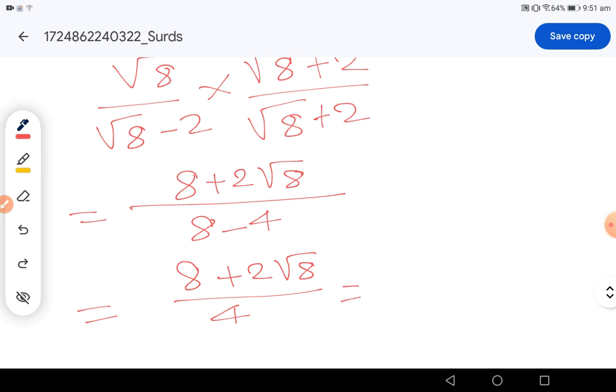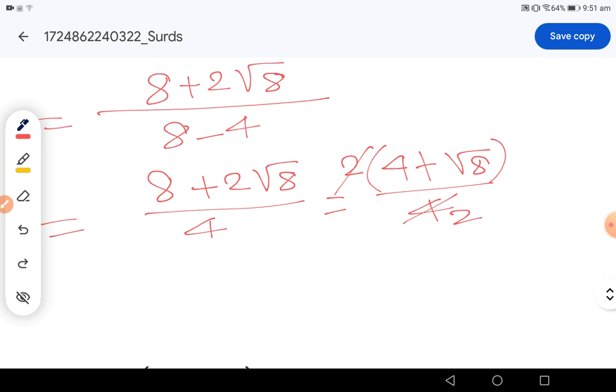So 2 is common: 4 plus root 8 by 4, 2 times 2, 4. No, we need to take this one. One minute.